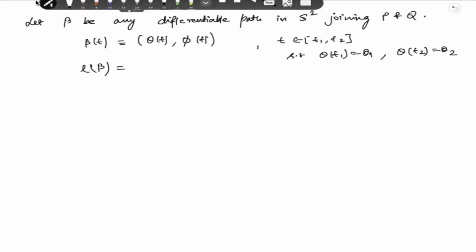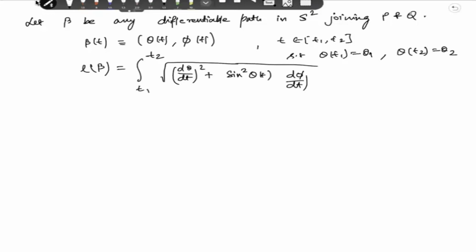The length of beta will be equal to the integration from t1 to t2 of the root of (d theta/dt) whole square plus sine square theta of t times (d phi/dt) whole square, dt.